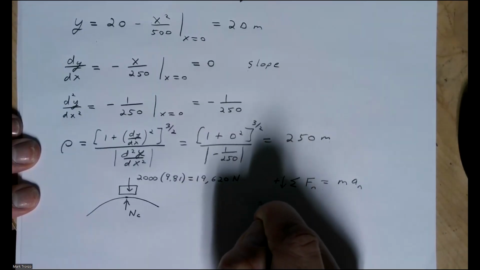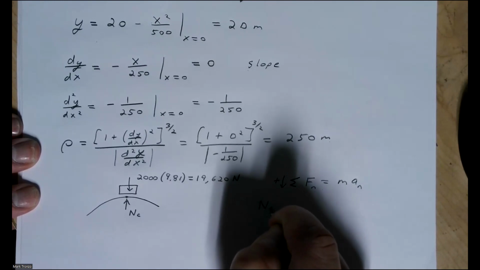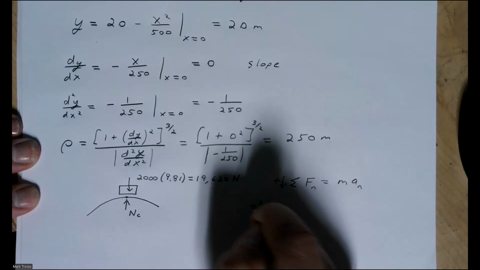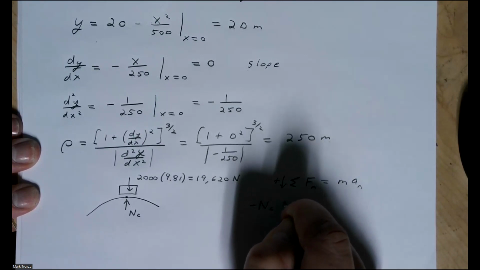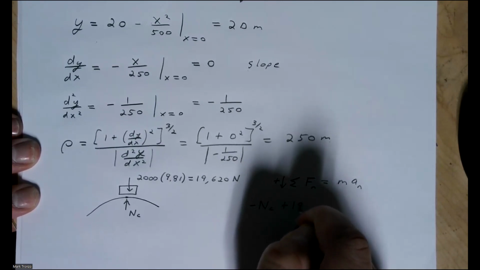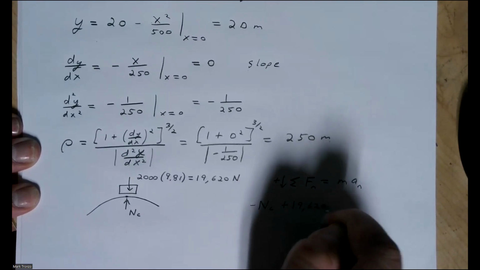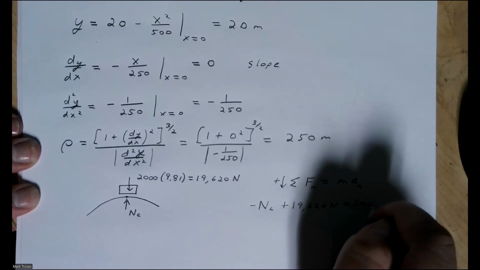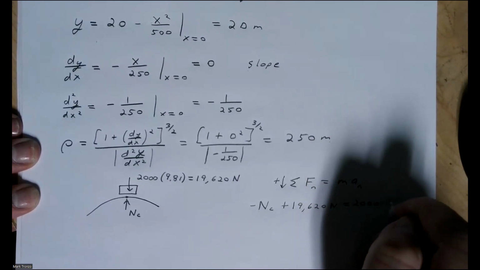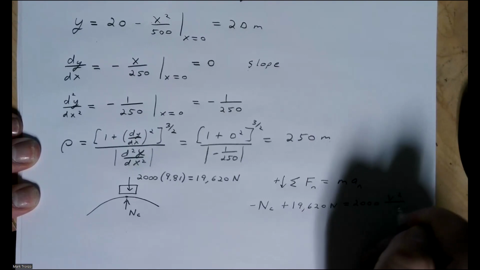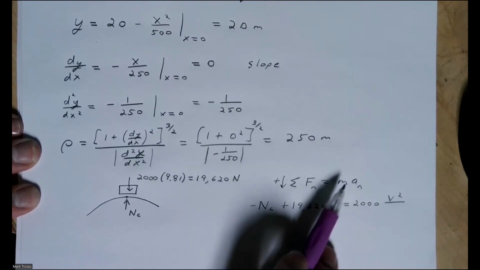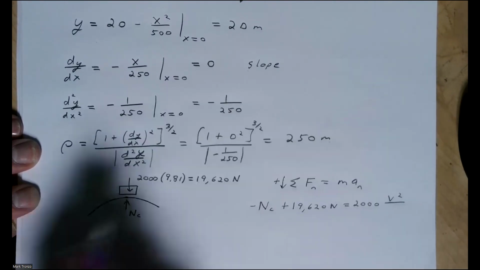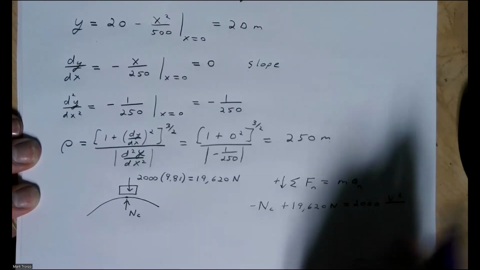And so we're going to have our normal, and actually it's going to be a negative normal since that's pushing upward, plus 19,620 newtons equals 2,000 kilograms times velocity squared. Remember, the normal acceleration is velocity squared over rho. We found rho to be 250.